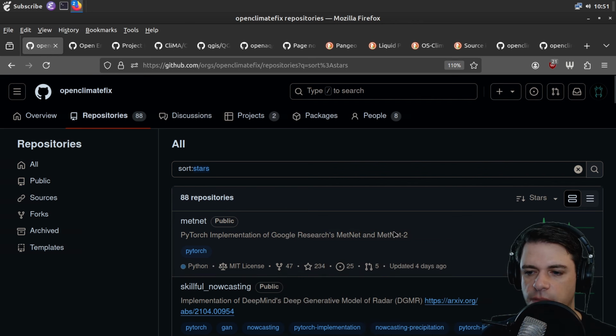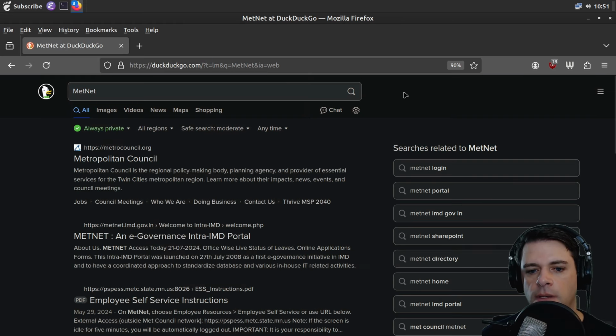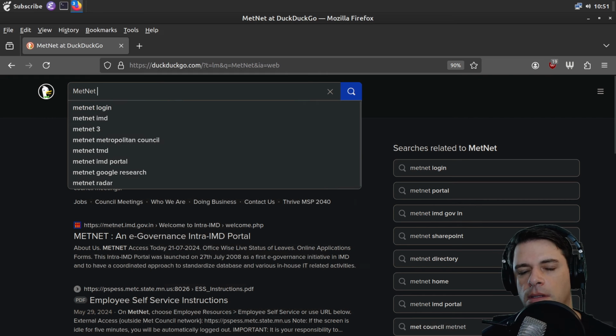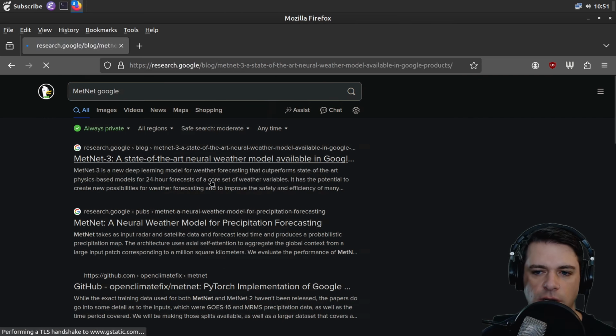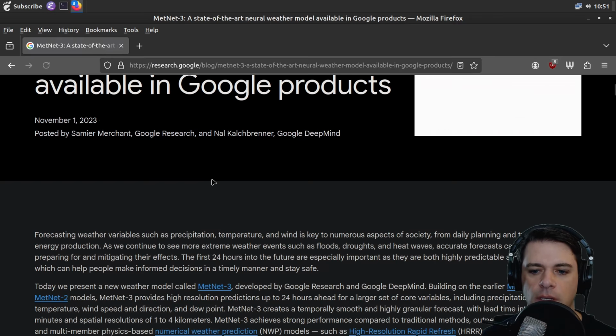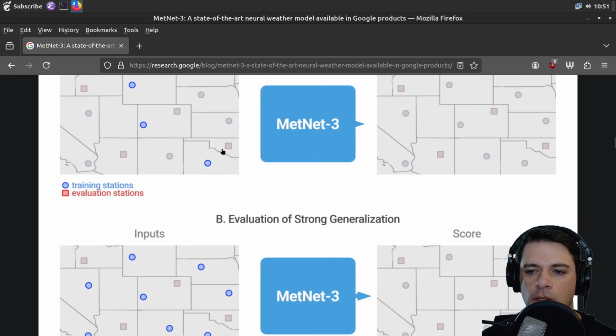So if I sort by stars, I get this PyTorch implementation of MetNet. I don't know what MetNet is. MeteoNet? State-of-the-art neural weather model. Okay. So is this open source?